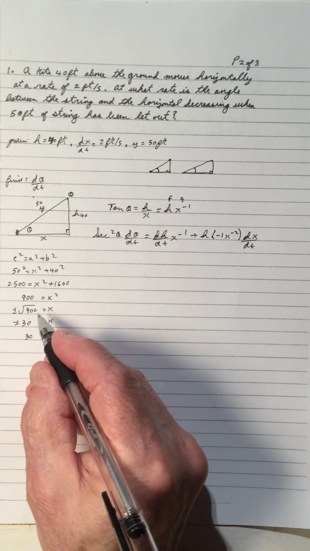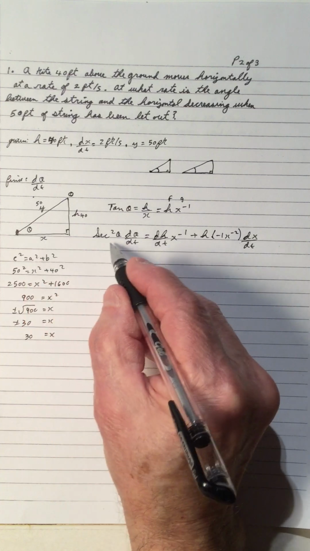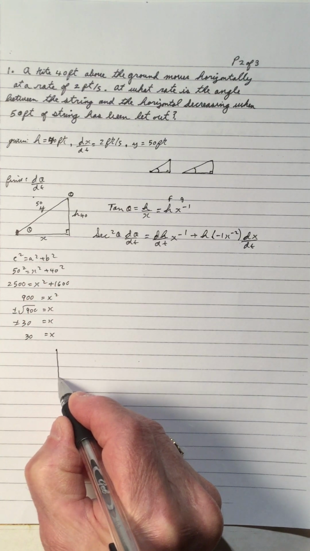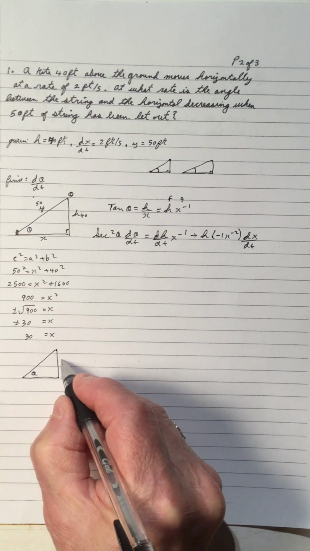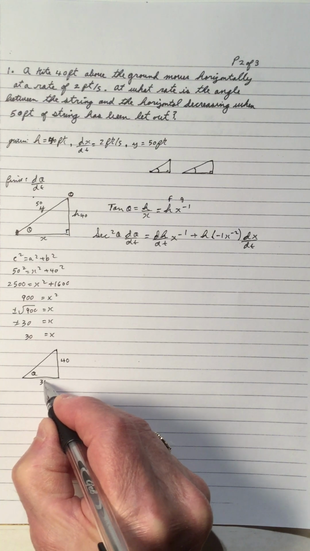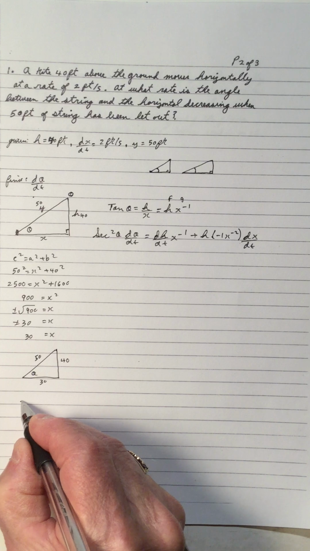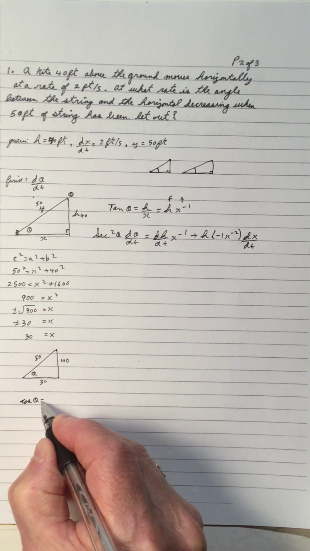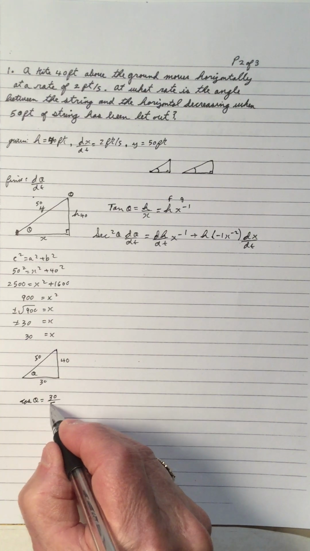So we have what x is. That means we have to find what secant of the angle is. And so now we have a triangle here. So we have a 40, and we have a 30, and a 50. So secant is the reciprocal of cos, so the cos of theta is adjacent over hypotenuse, which is 30 over 50.